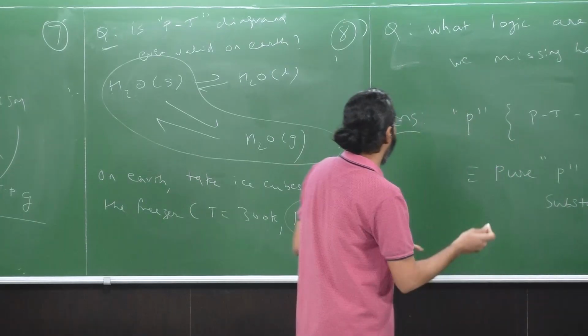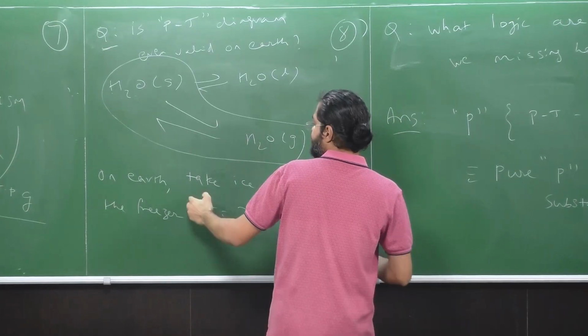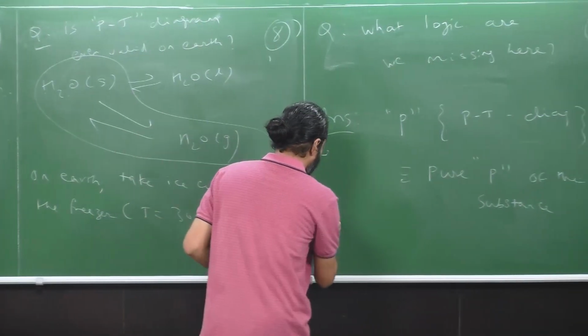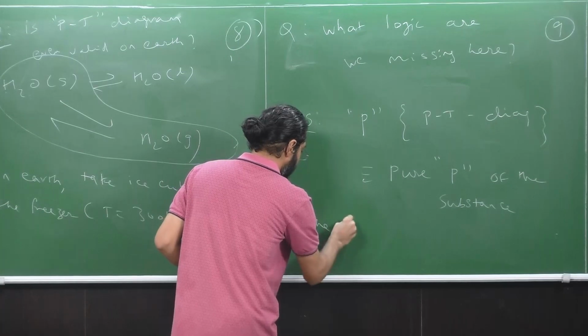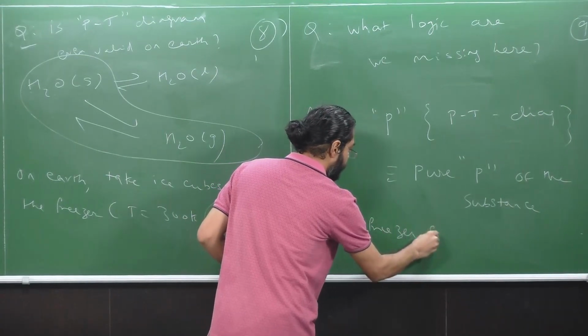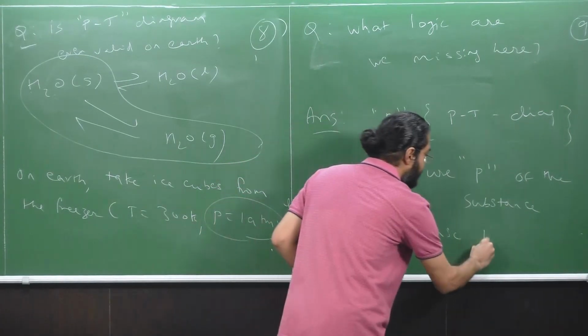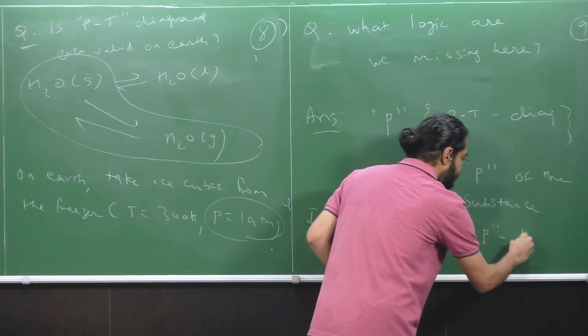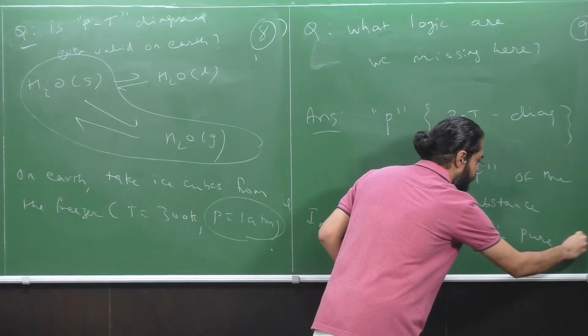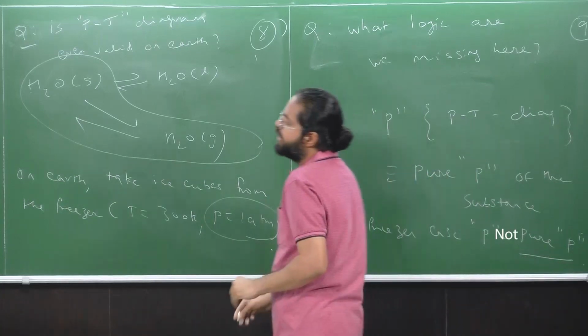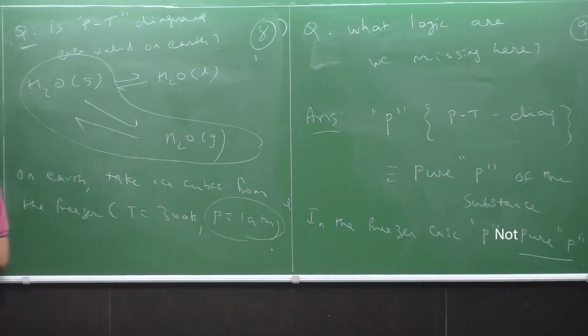So therefore, in our houses, for example, in the freezer example, P is not pure pressure. And that is why we do not get results in accordance with this diagram.